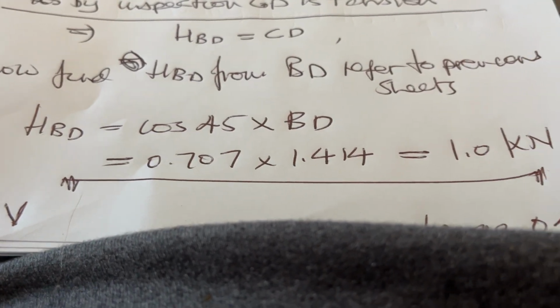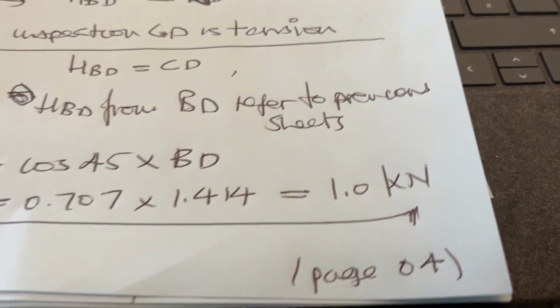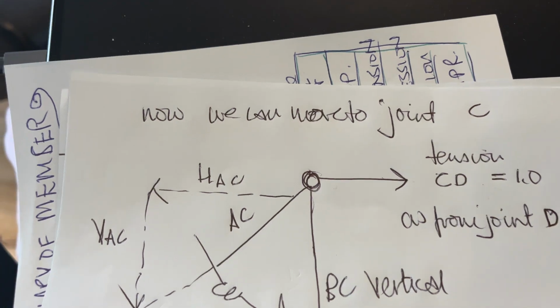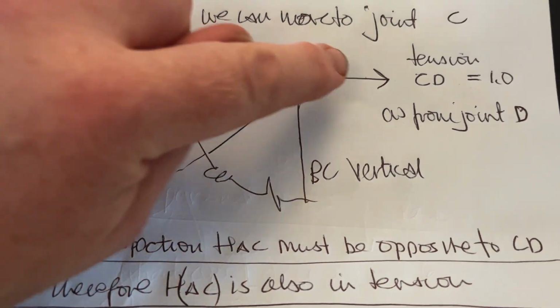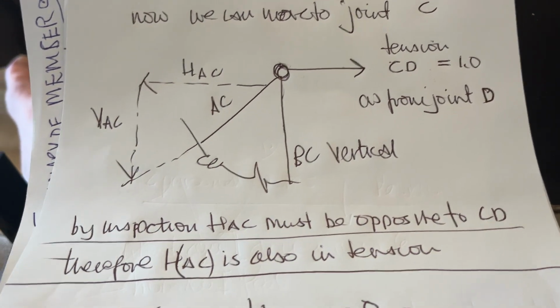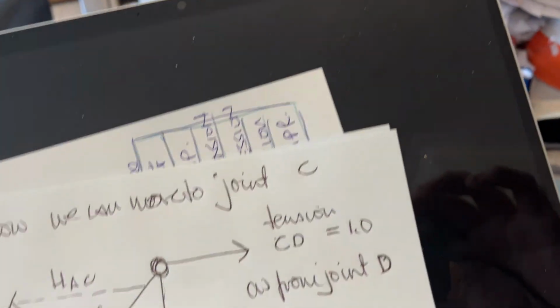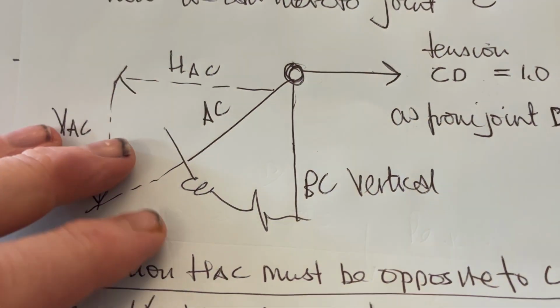HBD equals cos 45 times BD equals 0.707 times 1.414 equals 1. Right. Now we can move to joint C. So this is joint C. Didn't we have that from the last one? Yeah, we just found CD as 1 in tension, so that's tension away from the joint.